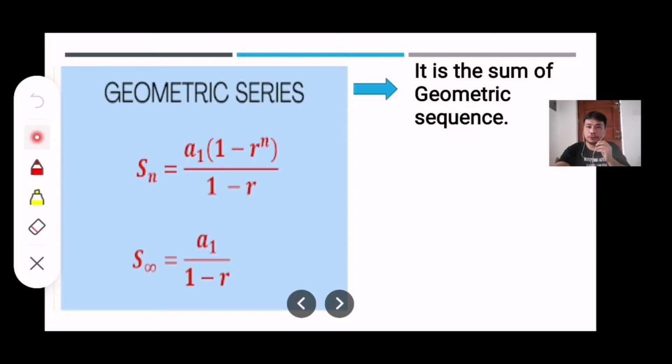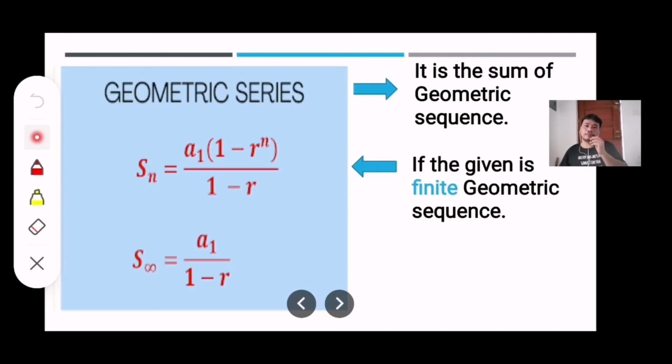Okay, so we have also two formulas here. So, the first one, S sub n is equals to A sub 1 times the quantity of 1 minus R raised to n all over 1 minus R. So, we will be using this formula when the given sequence is a finite geometric sequence.